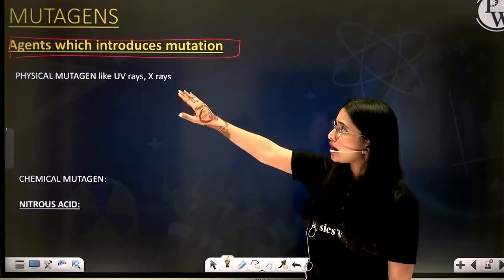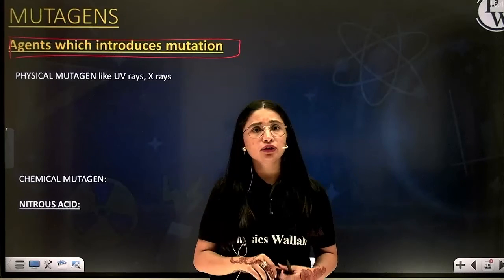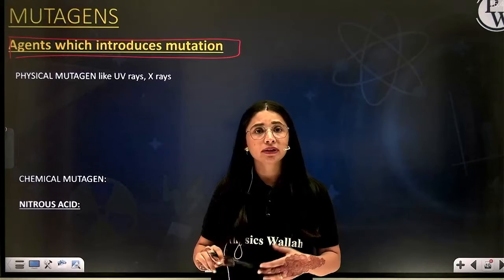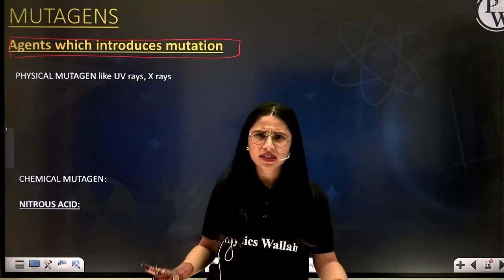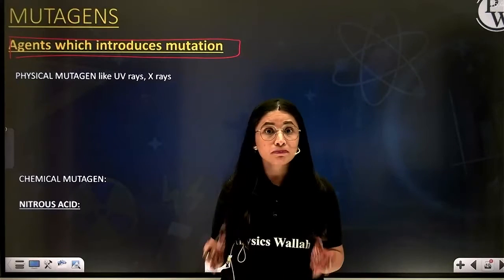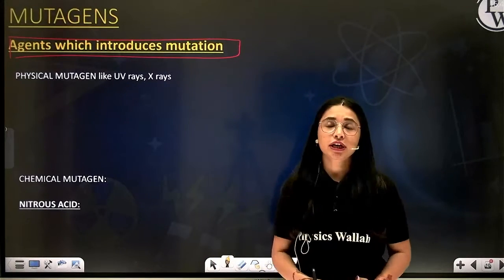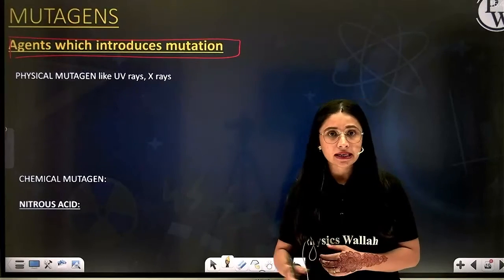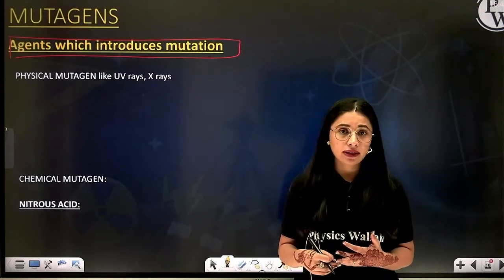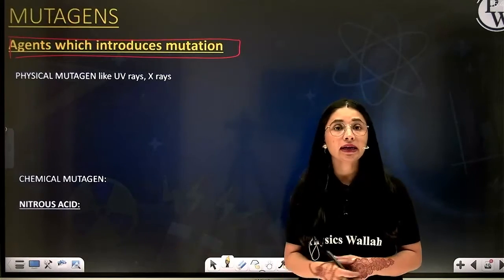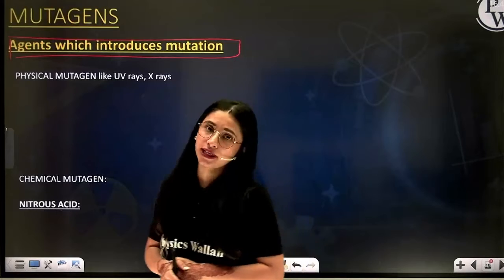Right? Now, mutagens can be divided into two. Physical mutagens, where you are going to study about the different rays coming from the sun, basically X-rays, gamma rays, UV rays and all these. These all are potent mutagens which can cause change in your genotype. Apart from the rays, some chemicals are also there which can change the genotype, under the heading chemical mutagen.